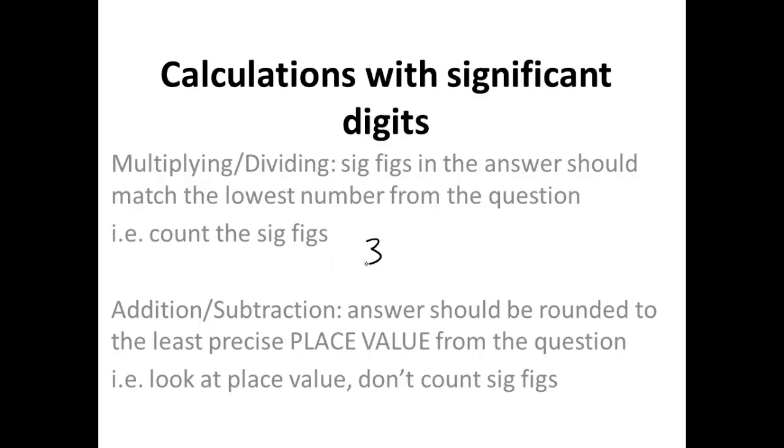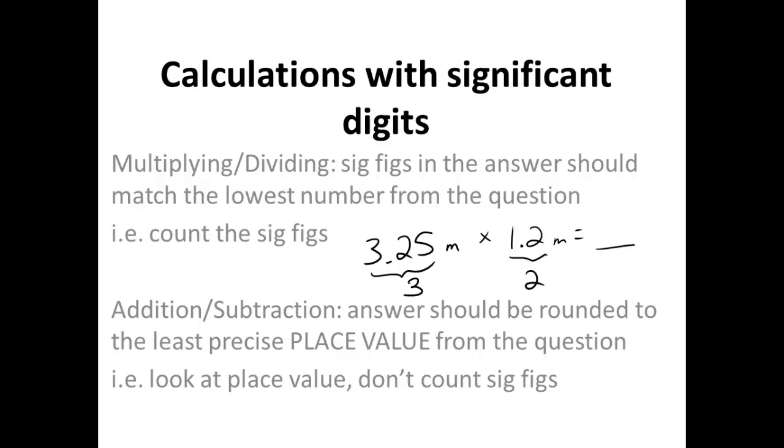Okay, so if I've got, say, 3.25 meters, and I'm multiplying that by 1.2 meters, whatever I get from my answer, the sig figs should match the lowest number from the question. So if that's 3 sig figs and that's 2, my answer should be rounded to 2 sig figs. Okay, that's pretty straightforward as long as you are able to count the sig figs.